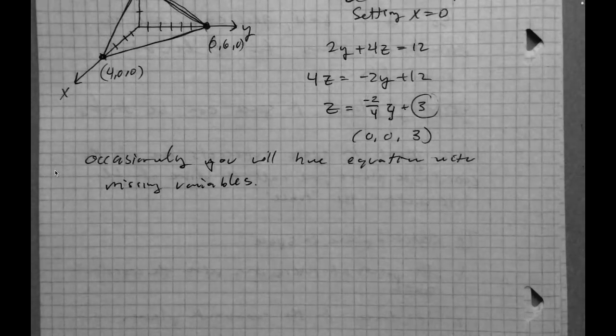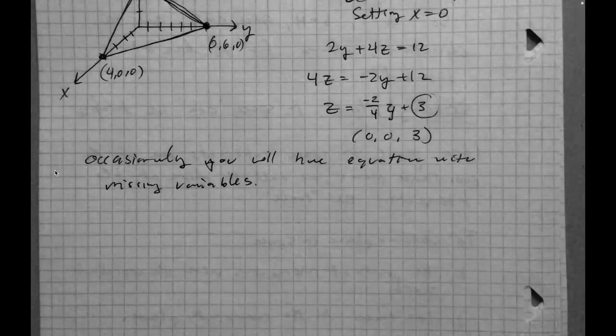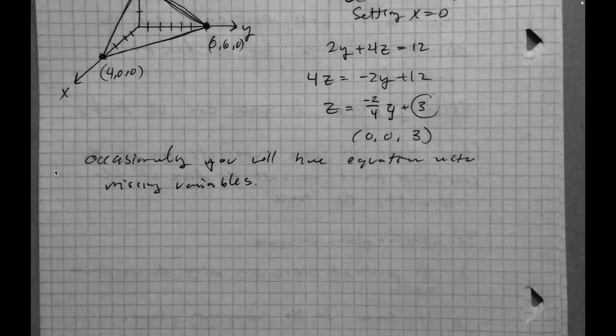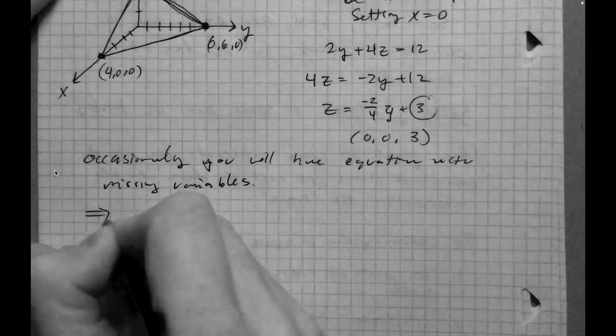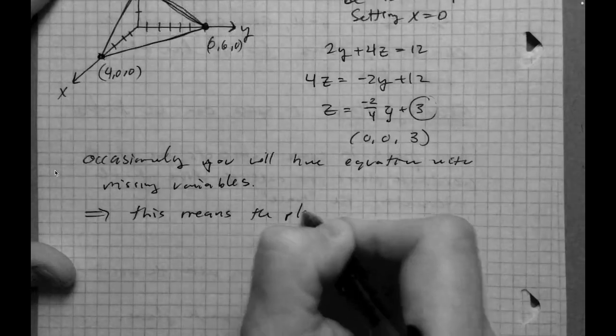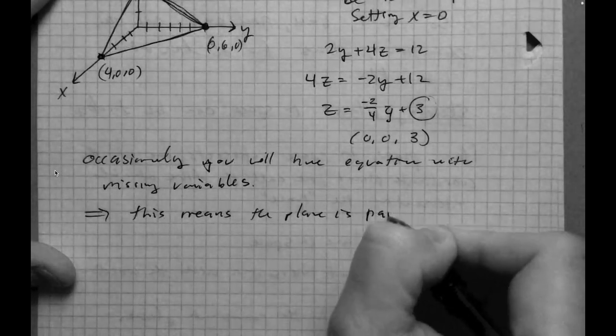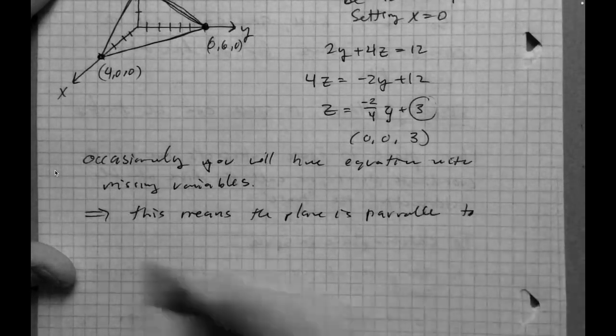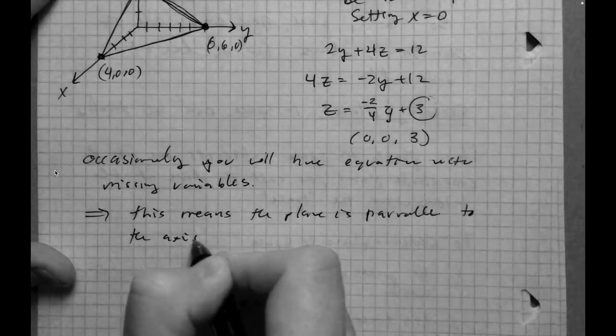A missing variable is going to indicate that the plane is parallel to the axis.